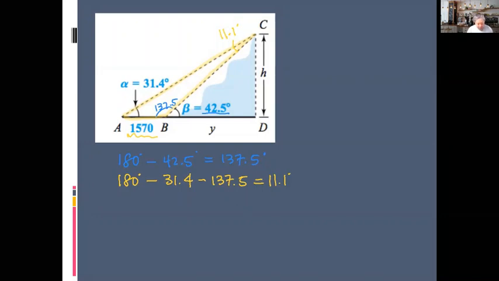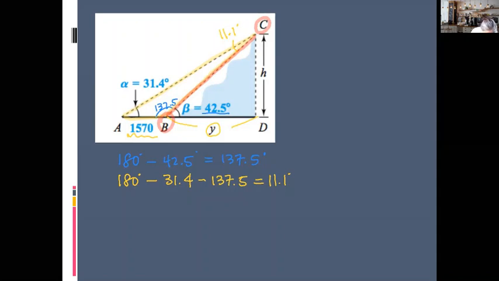But since we are aiming for the Y value here, BD, let's find the side BC, which is highlighted in red here. So let's find BC by using law of sine, okay?